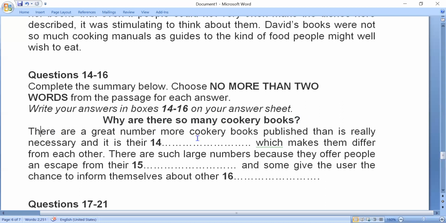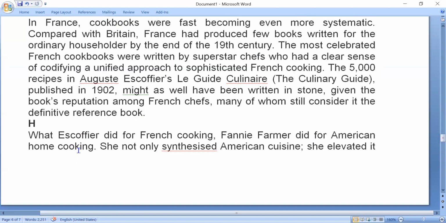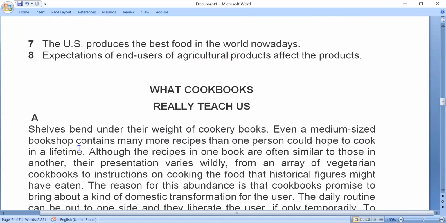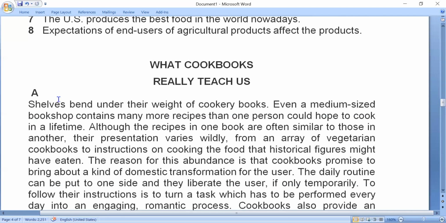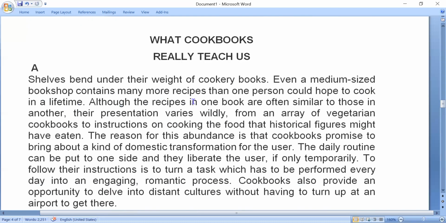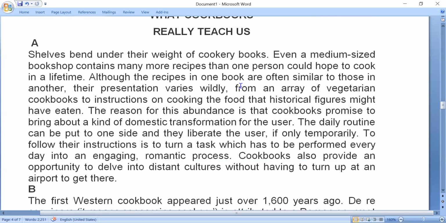There are a great number of cookery books published, more than is really necessary, and it is their gap which makes them differ from each other. Let's go back to the passage. Shelves spend under the weight of cookery books. Even a medium-sized bookshop contains many more recipes than one person would hope to cook in a lifetime.